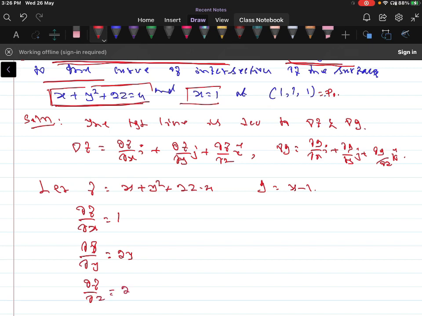At the point 1 1 1, fx is equal to 1, fy is equal to 2 where y is 1, and fz is equal to 2. Dou g by dou x is equal to 1, dou g by dou y is equal to 0 and dou g by dou z is equal to 0.